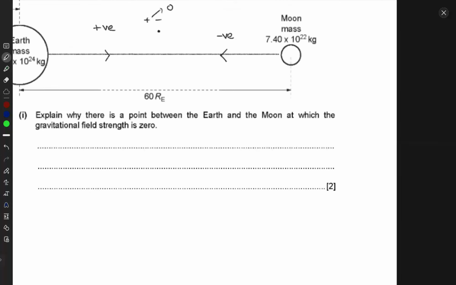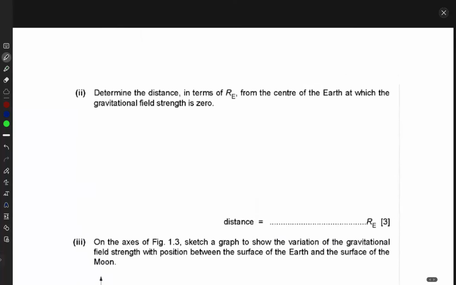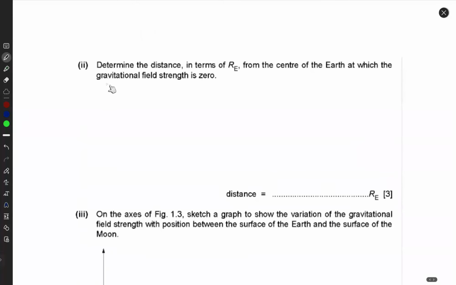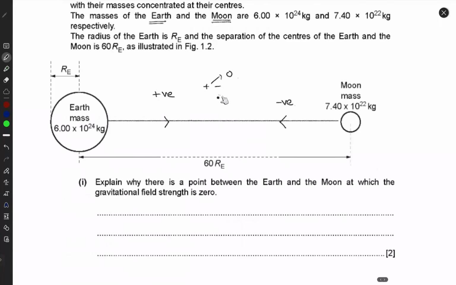No. Okay, so next part of the question is: determine the distance in terms of the radius of the Earth from the center of the Earth at which the gravitational field strength is 0. So we want to determine the distance of this point from the center of the Earth, right?